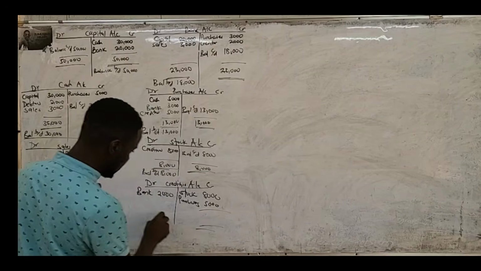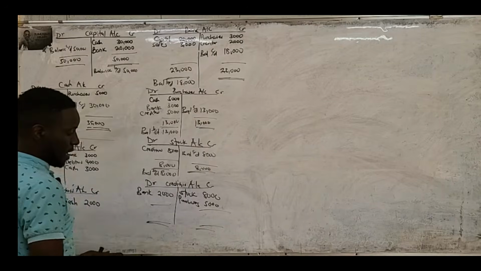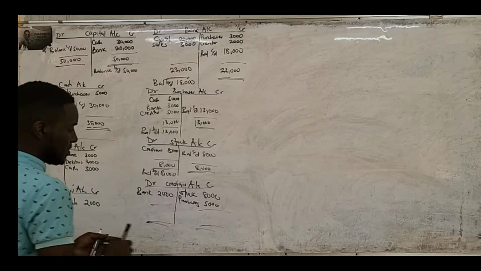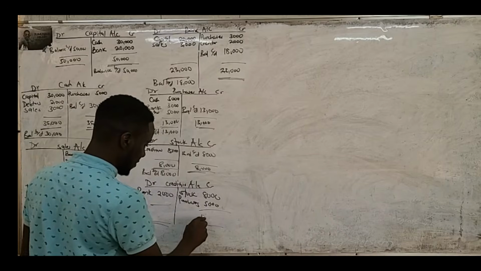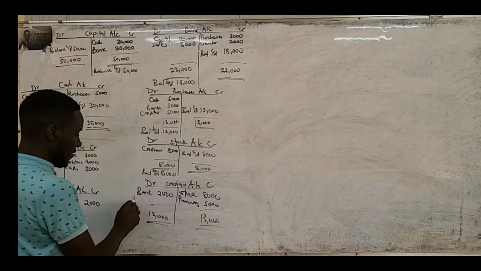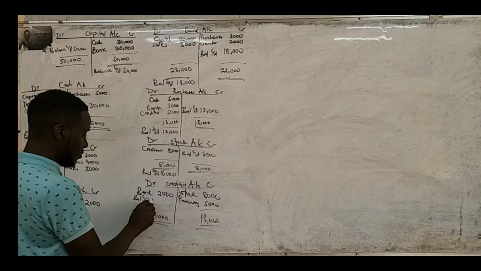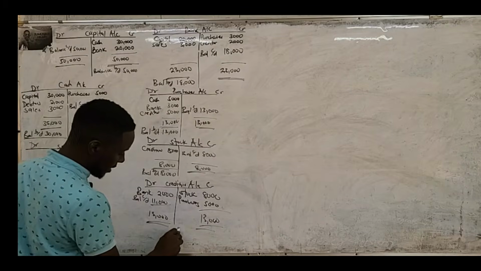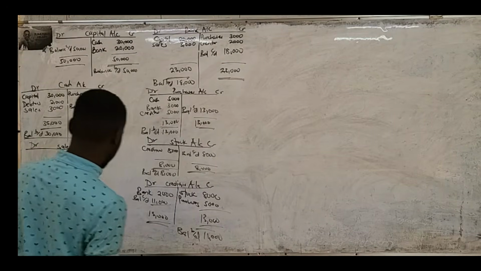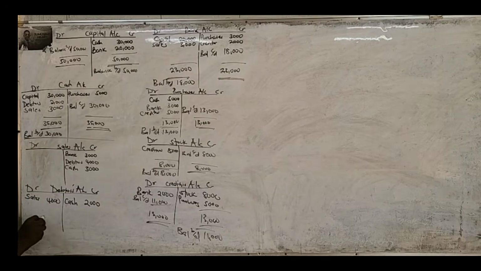Even here still will come. Of course, now when you add this, it will give you 13,000. Then that means you shall have 13,000 here and 13,000 here. Therefore, our balance carried down will be 11,000, and our balance brought down will be 11,000. The same applies here. We shall have our 4,000, 4,000.